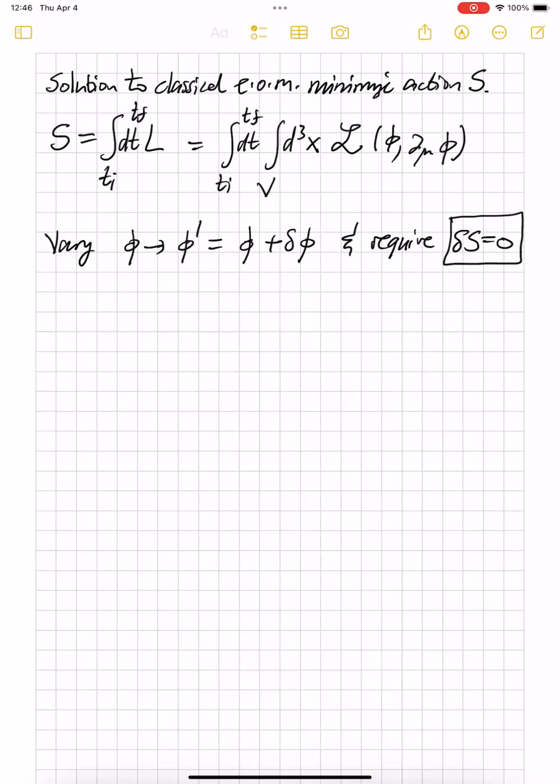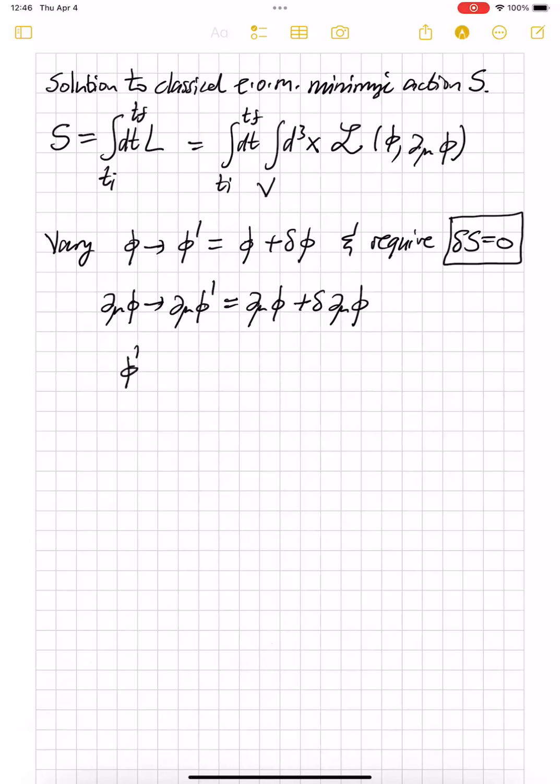Now, of course, if we have changed the field, it is clear that the derivative of the field will also change. So the derivative of the field, d mu phi primed, will be the old derivative plus however this derivative changed. Now, I'd like to derive an equation for this change in the derivative.